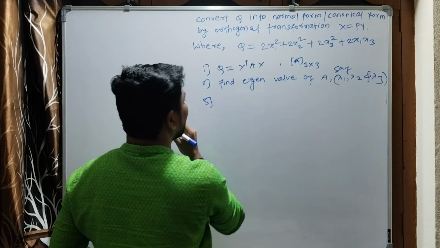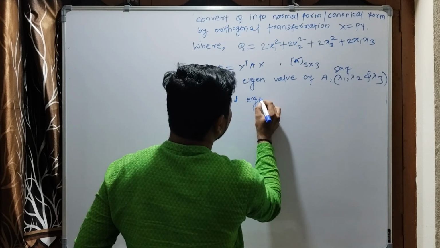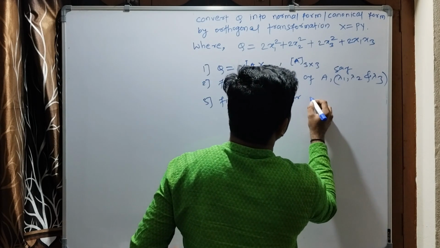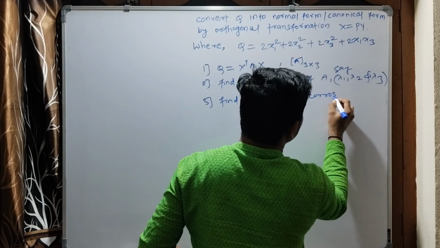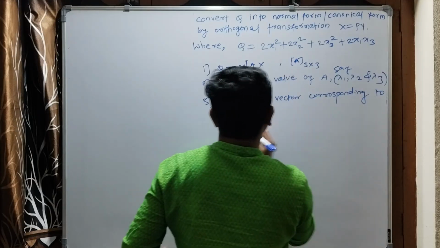Now the third step is find the eigenvector corresponding to each eigenvalue.